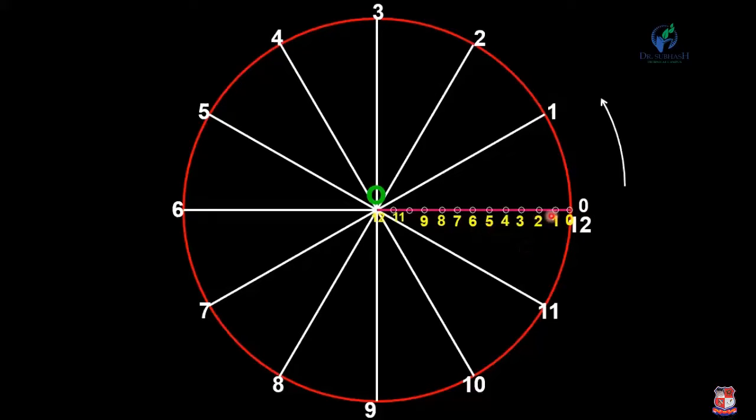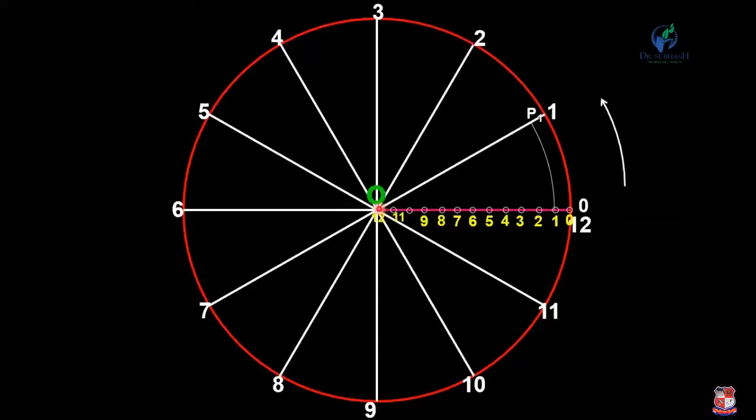Okay, now if this point moves 1/12 of the revolution at that time, this point will be on this line. So for that, first of all, take O as a center and radius equal to O1 and draw an arc up to this line O1. Okay, so the intersection point is P1.